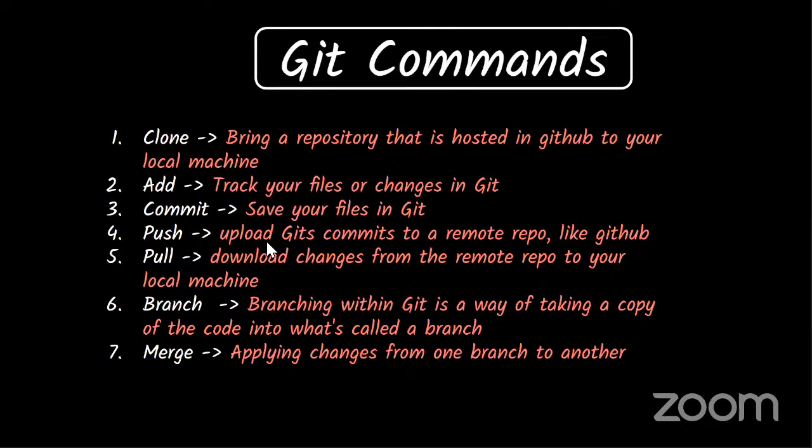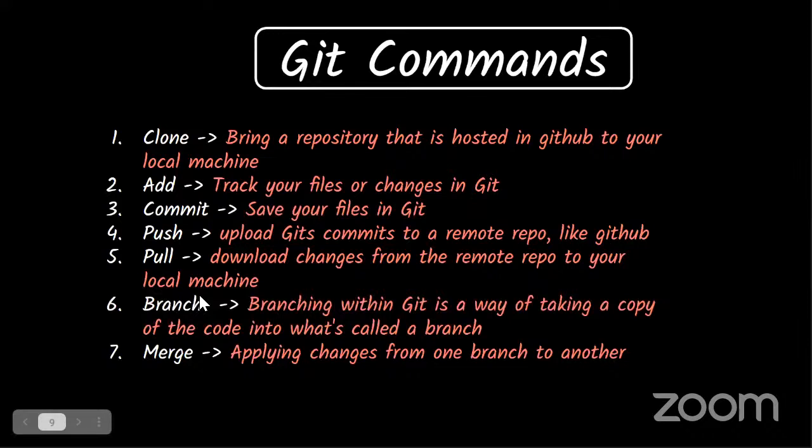That command uploads your commit to a remote repo like GitHub. Then if you have a repo already existing on GitHub and you want to bring it down to your local machine, you use git pull. Git pull downloads changes from the remote repo to your local machine.